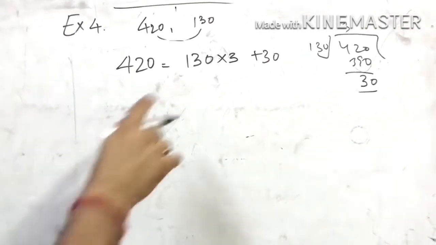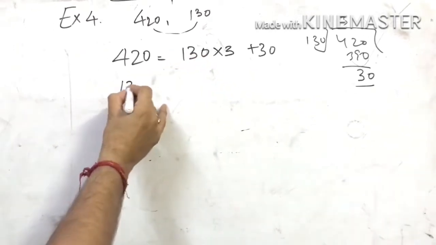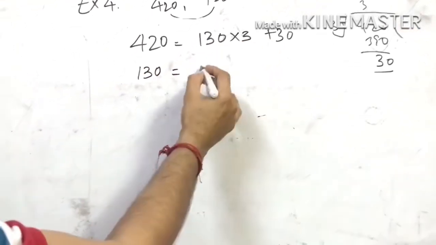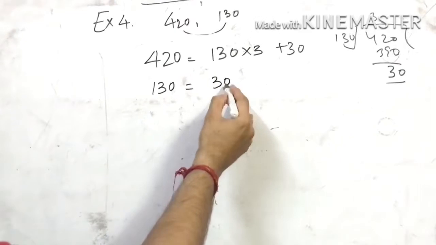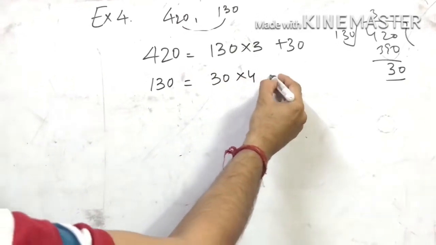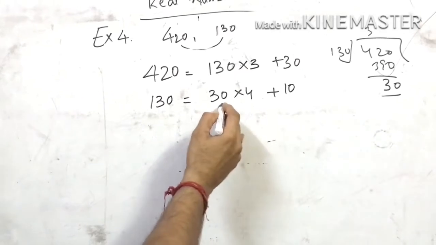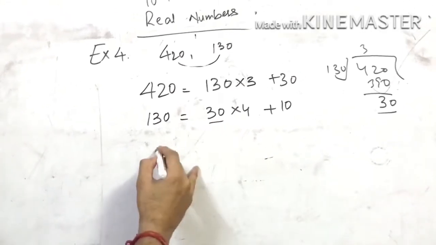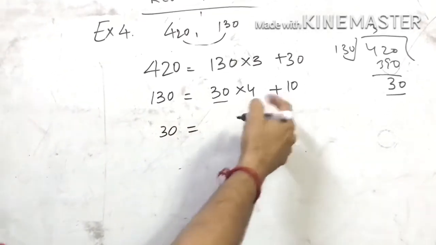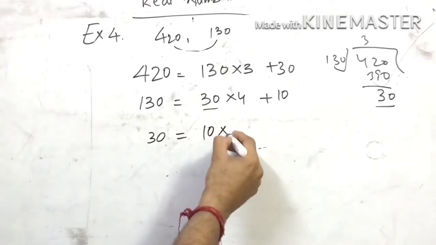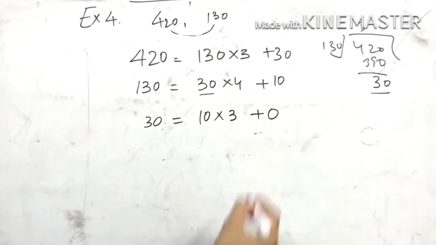The next step is, whatever is b here will become a, and the remainder will become your b. By which number will you multiply? 3 times 130 is 390. What remainder do you get? 30. So now your b will become a and the remainder will become b.